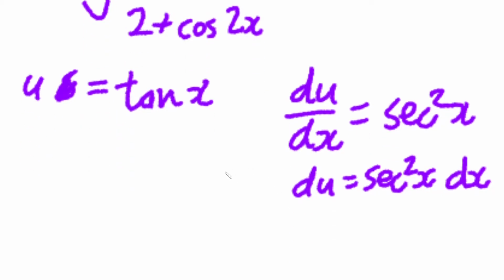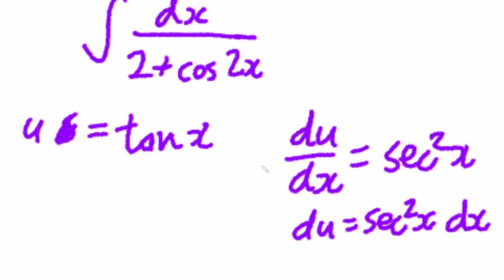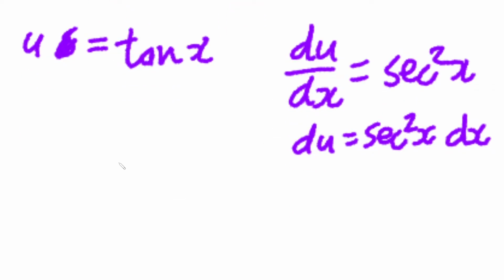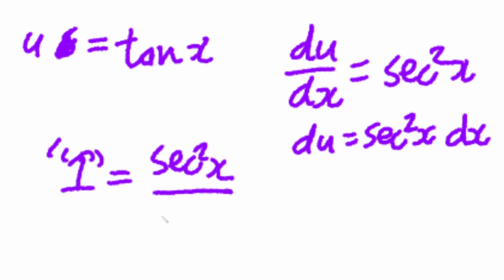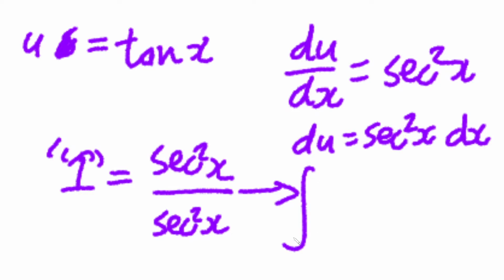Well, if you have something you want to stuff into an integral, you can multiply the integral by 1, which is just going to be secant squared x over secant squared x, because anything over itself is 1, right? So if you multiply this into the original integral, then you won't actually be changing the thing inside, but it may allow you to manipulate things more easily.